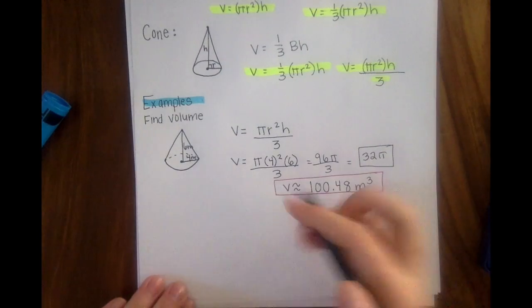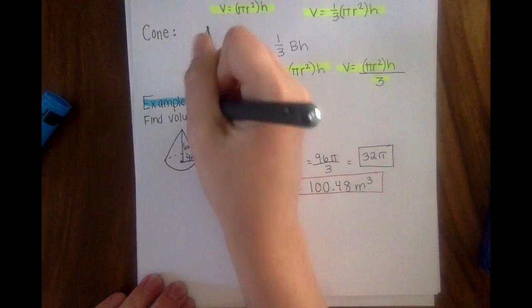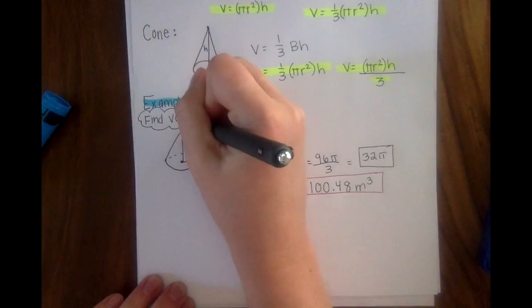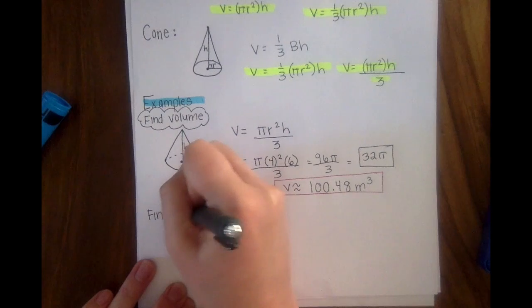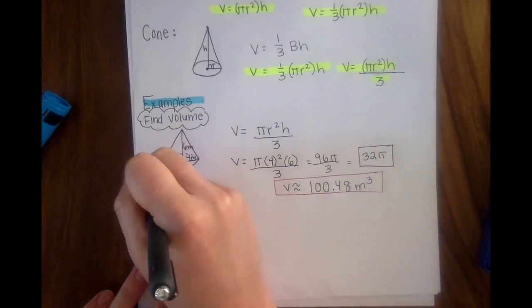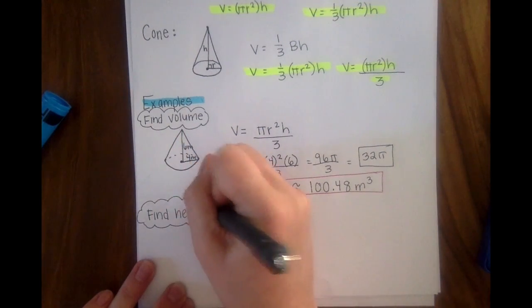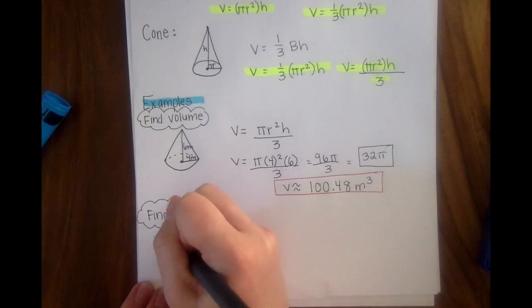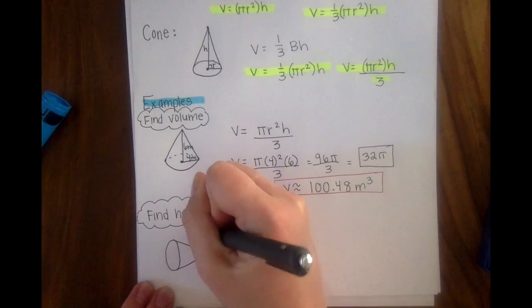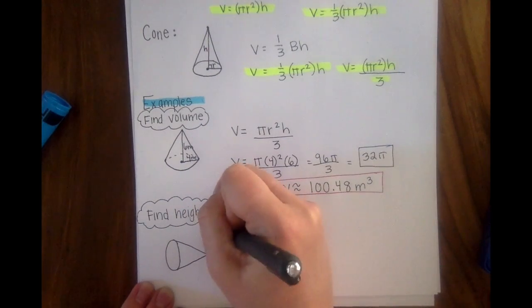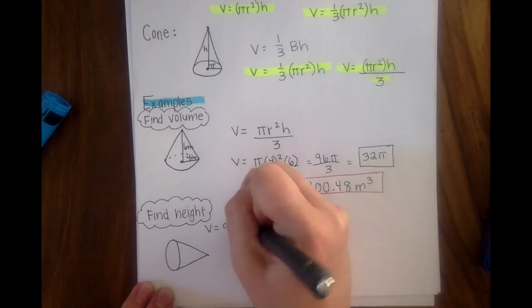Other option is, instead of finding the volume, they might ask you to find the height. And so here's my cone. And this time it gives you the volume of this cone is 956 feet cubed.